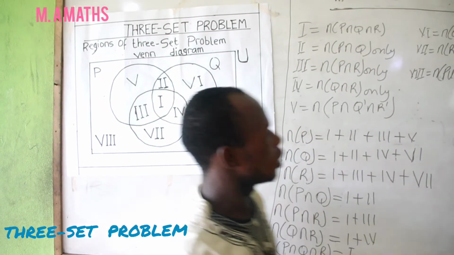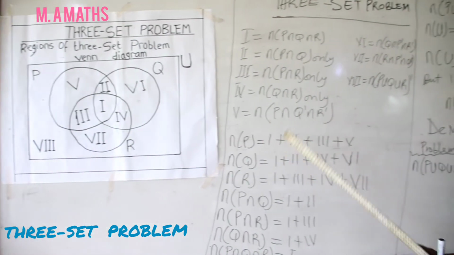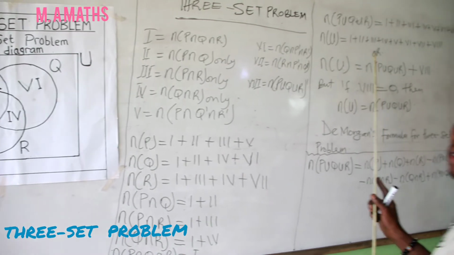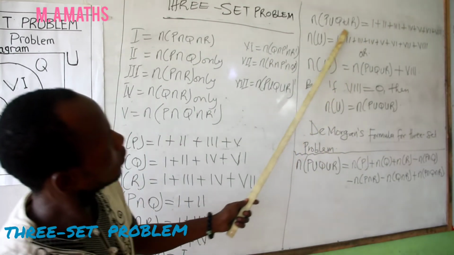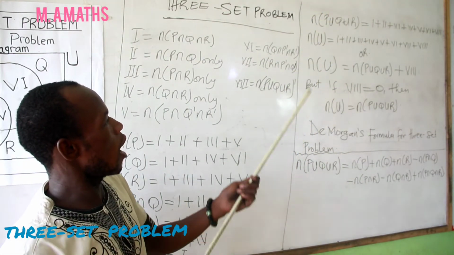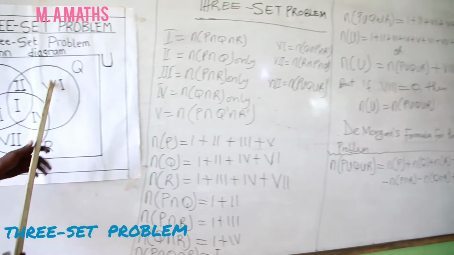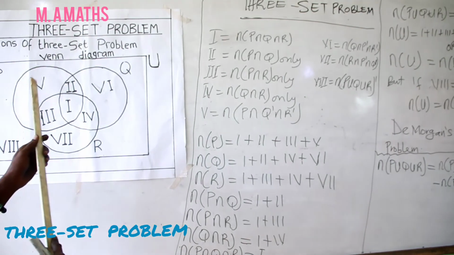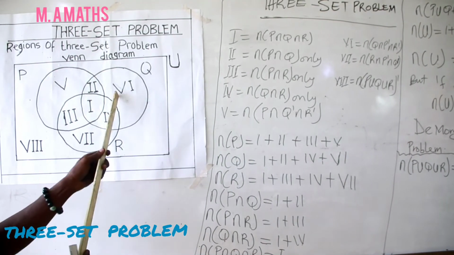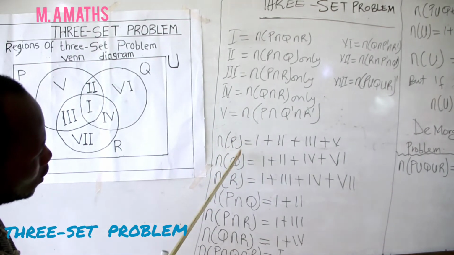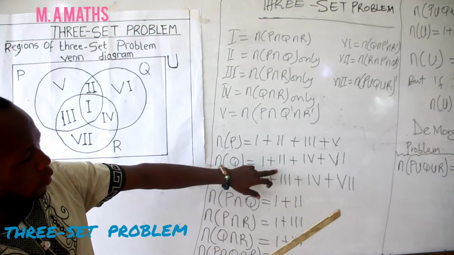Now, when you are asked to find P union Q, you add all the regions in P and the regions in Q, but those that are the same, you ignore.